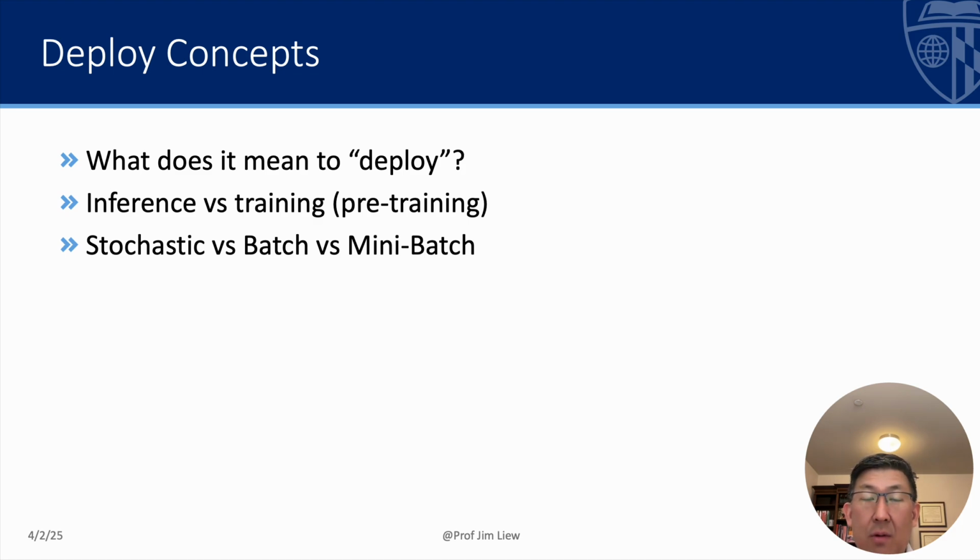Here we'll also discuss a little bit about stochastic, batch and mini batch. Just recall that batch is putting all the data in and then estimating the parameters. Do you estimate the parameters after you put all the data in? Or do you estimate the parameters after each single observation goes through? That's stochastic. And mini batch is where you estimate the parameters after you put, say, 100 observations in at a time. So that's in between batch and stochastic. Those are the different ways to update the model.